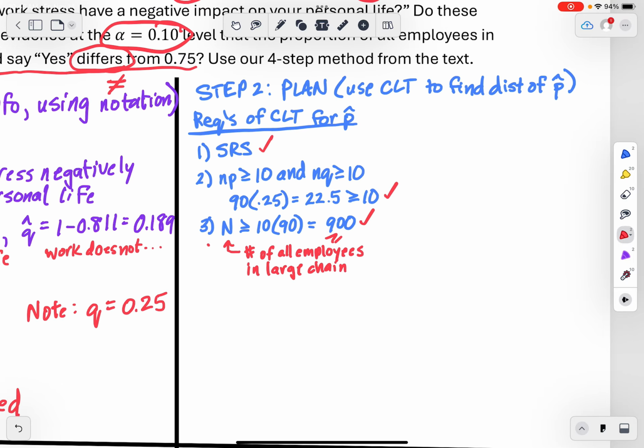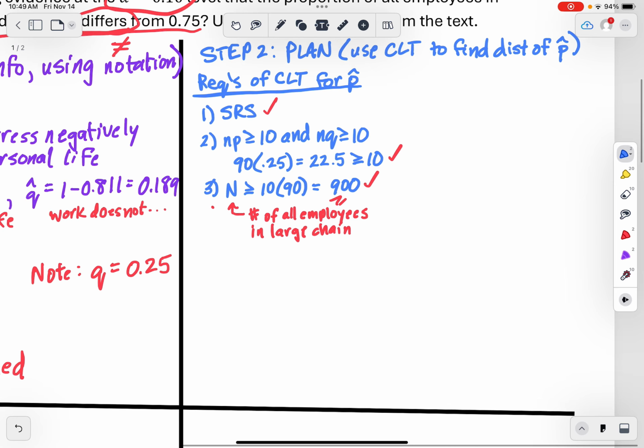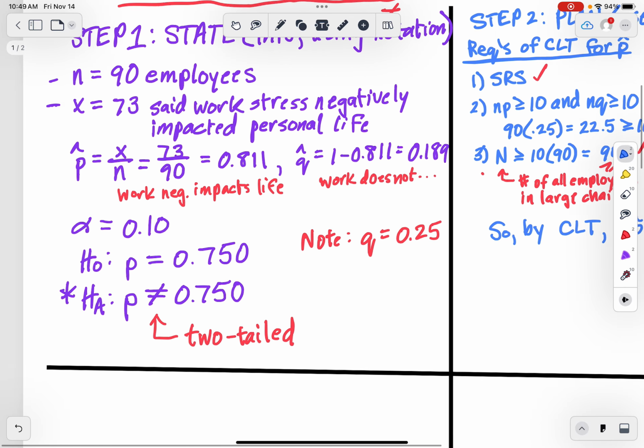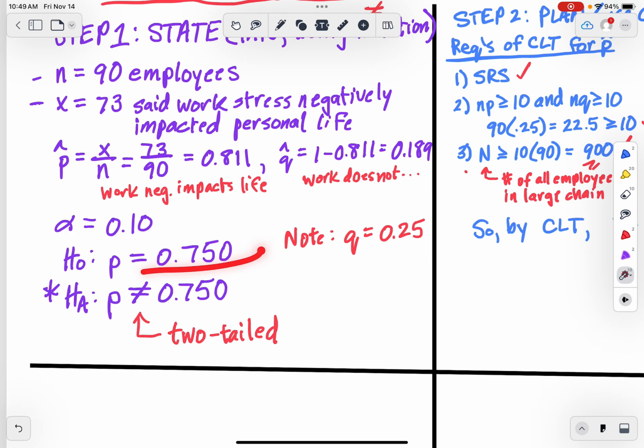All right, so since we've met all the requirements of the central limit theorem, we now get our conclusion for the central limit theorem, which is awesome. So by the central limit theorem, we know that the p-hats are going to follow a normal distribution. They're going to center on the population proportion, which, based on our null hypothesis, we're assuming to be 0.75.